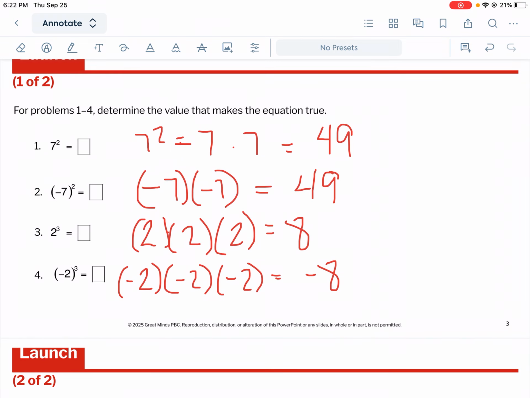Also, I just want you to take note of the fact that when we square a number, the negative value and the positive value will give us the same answer from yesterday. So, for example, and we'll probably go over this in just a second, for number 1, it gives us 7 squared equals 49. That is true.